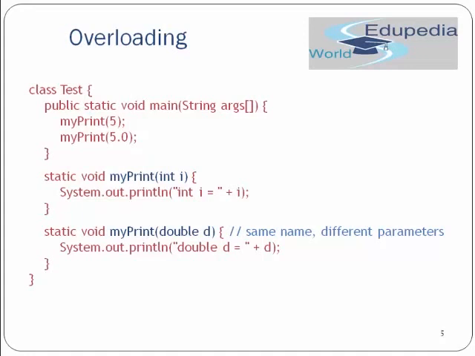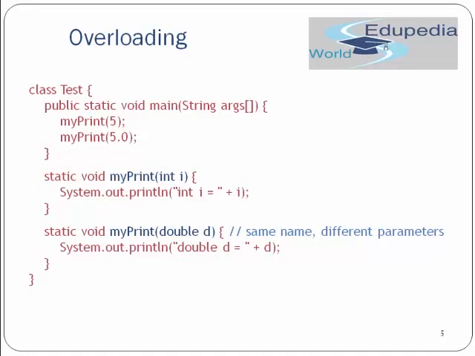The second static void myPrint method is taking the input as double d and is printing the double value. So the method name is the same but the signature is different because we have different parameters. That's the reason it's an example of overloading.